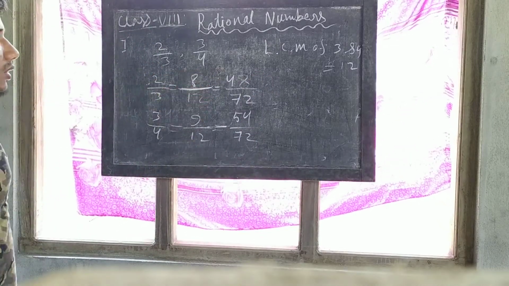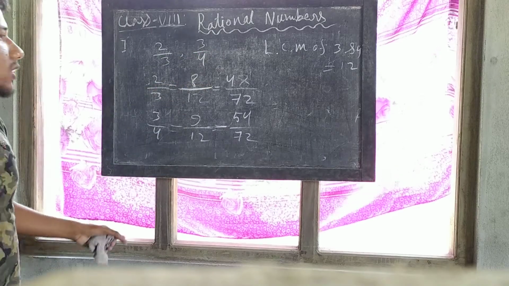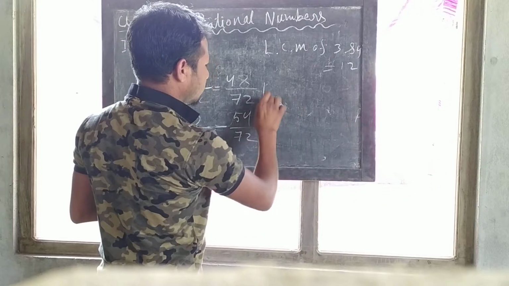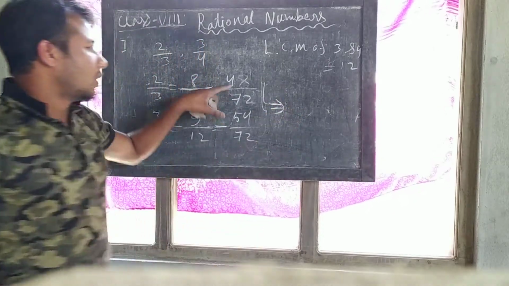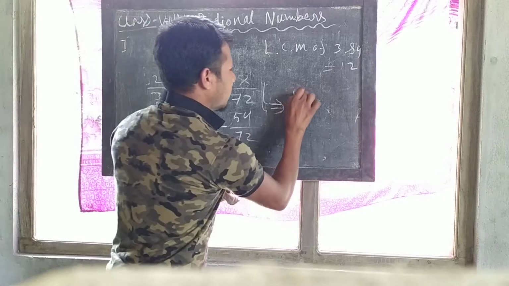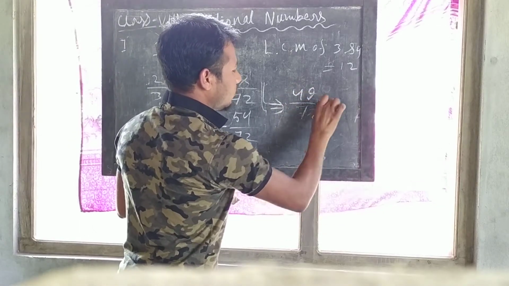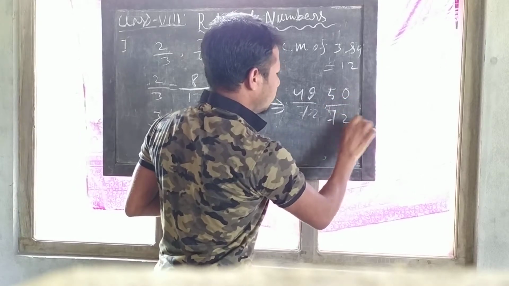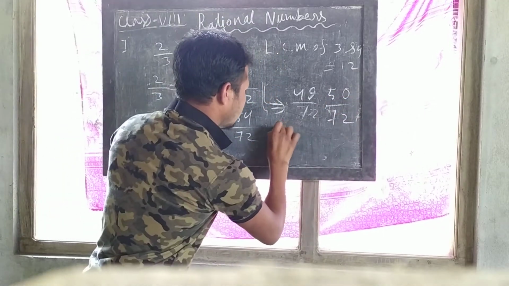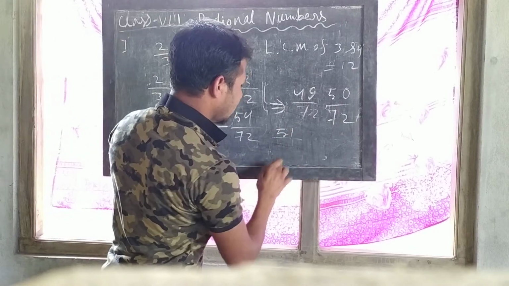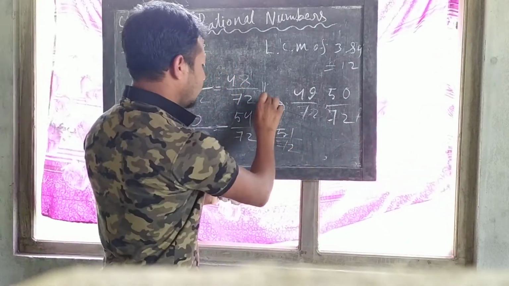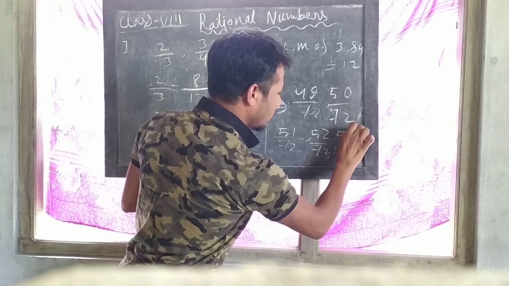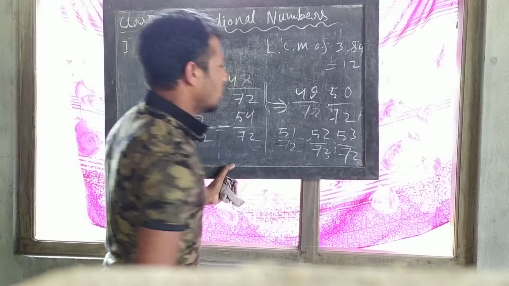There is a difference, so between these two rational numbers, the rational numbers are 49 by 72, 50 by 72, 51 by 72, 52 by 72 and 53 by 72.